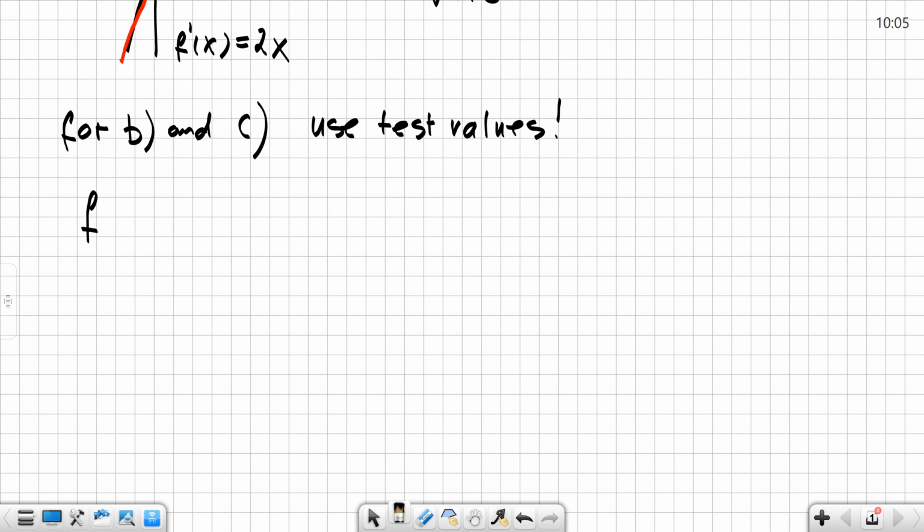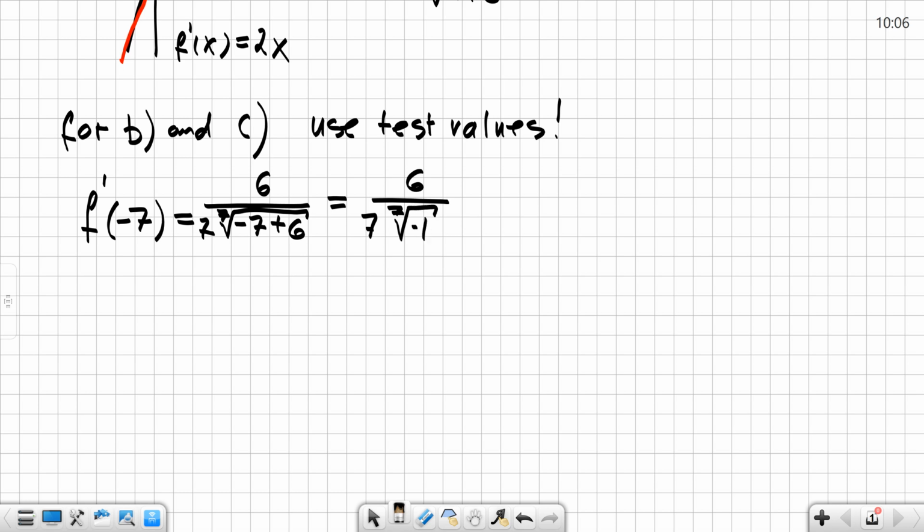All right, let's start with the first one. Remember, you have to plug it into your derivative. To the left of -6, -7. I get 6 divided by 7 times the 7th root of -7 + 6. -7 + 6 is -1, and we have 7 times the 7th root of -1, which is -6/7.